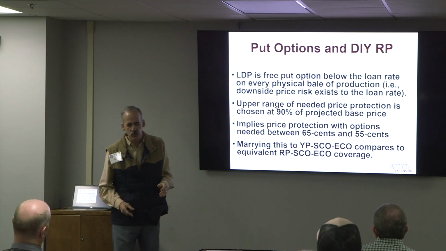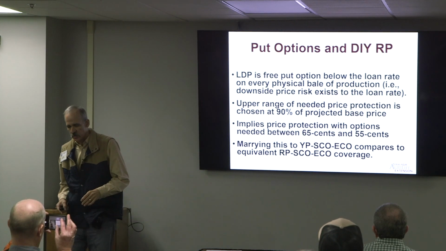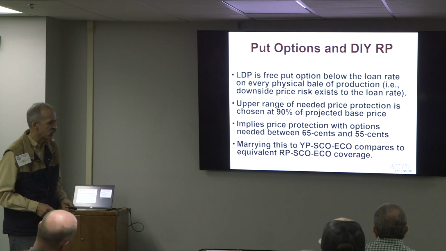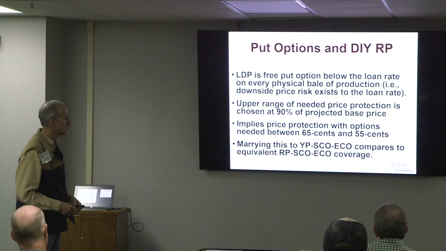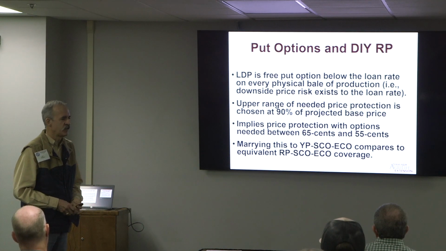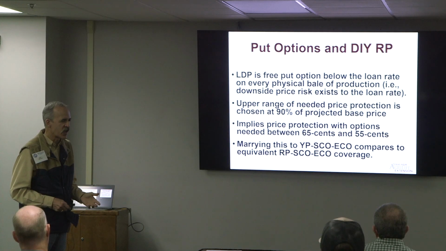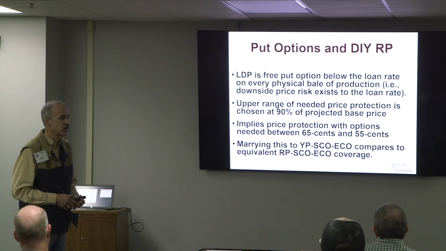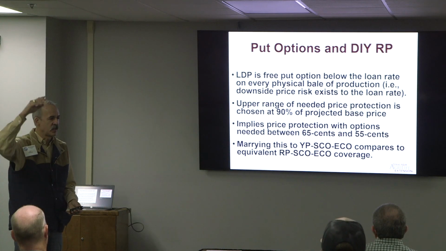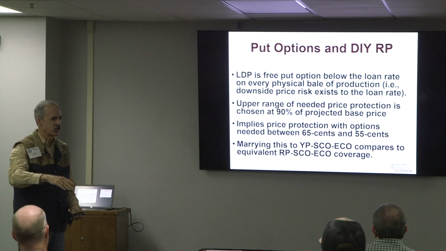Do-it-yourself revenue insurance. Revenue protection you're all probably familiar with. We've had the revenue policies now for a while. They protect you against falling gross revenue. If you have a 65 or 70% revenue policy, you're giving up a lot of potential loss if it falls from 100% down to your coverage level.